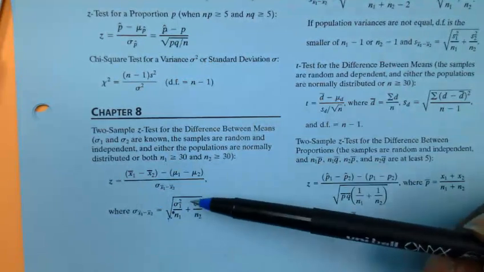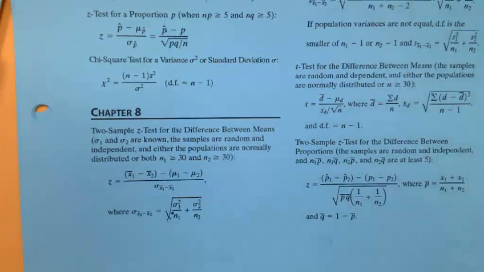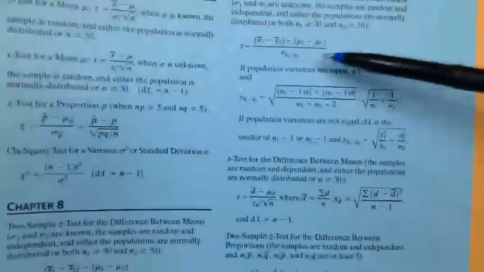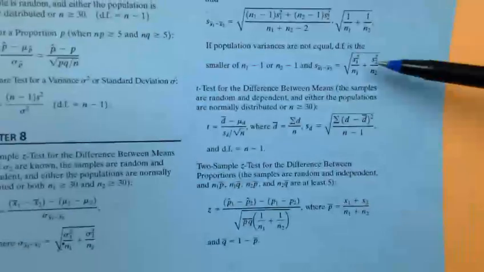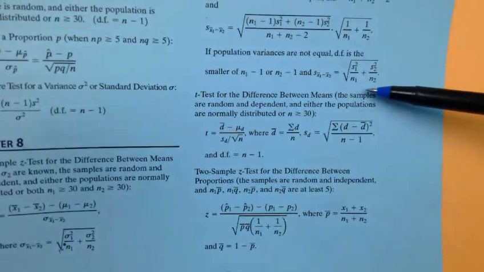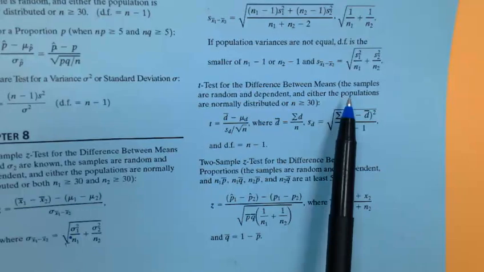So this is the variance over sample size, variance over sample size, square root. Okay. So this is still your standard deviation, but it will be different according to what type of difference you're dealing with. T-test for the difference between means.